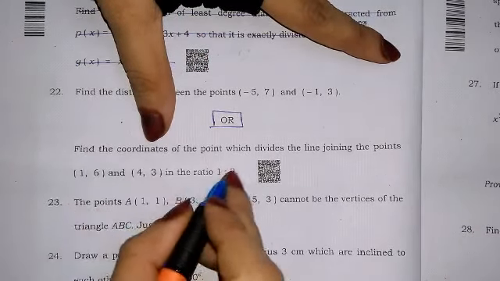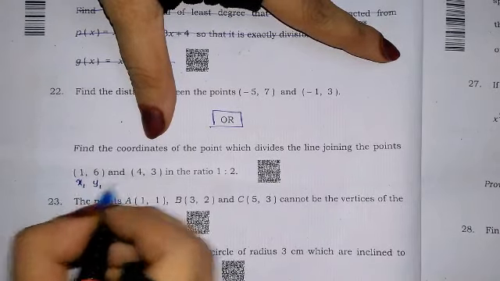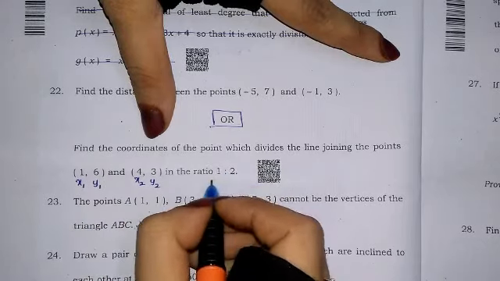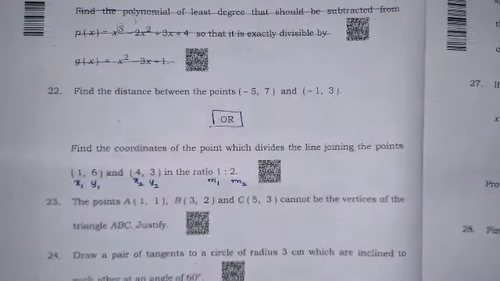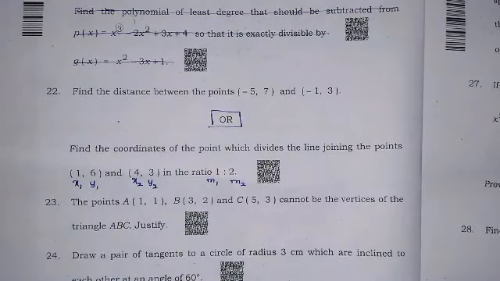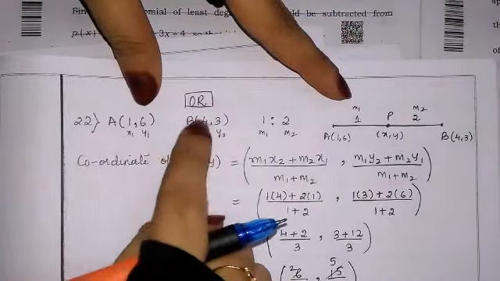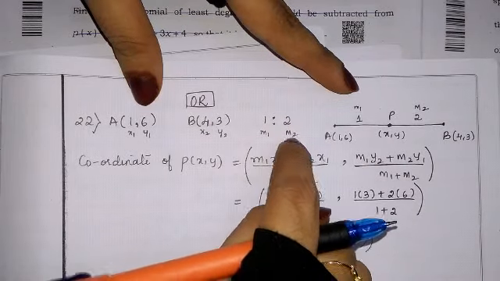These 2 points are given and the ratio is given. First point is x1, y1, second point x2, y2, and 1:2 is m1:m2. Let us take these points as A and B: A is 1, 6, B is 4, 3, and ratio 1:2.